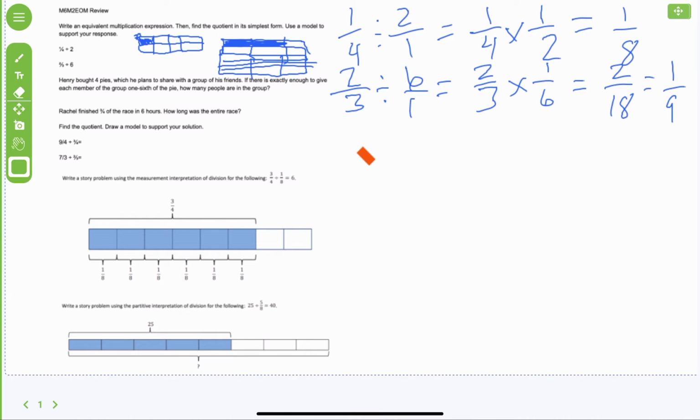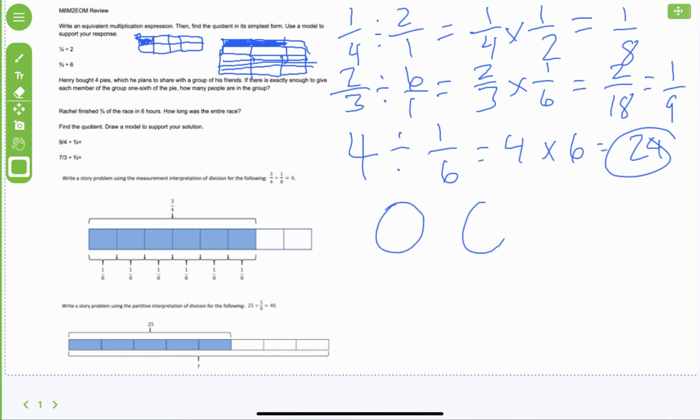So 4 divided by 1/6, that's the same thing as 4 times 6, which is 24.